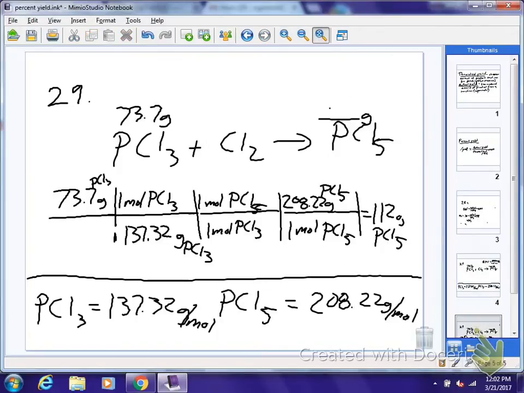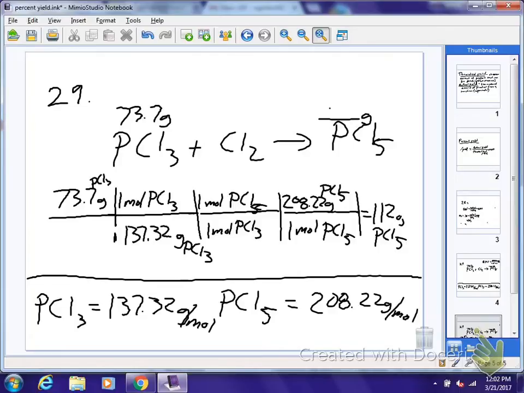How much do you want us to round it? Well, guys, rounding is something you should be able to tell by the original measurement. It was 73.7, which is 3 digits, so I should have 3 digits in my answer. Questions on the setup? Change grams to moles of PCl3, then do your mole to mole, which is 1 to 1.